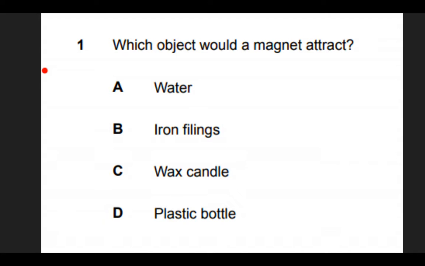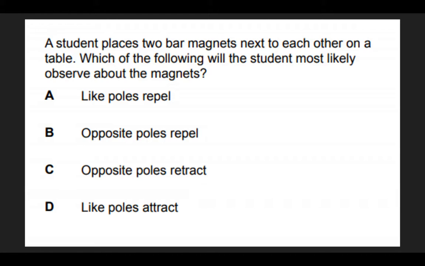Okay. Number 2, a student places 2 bar magnets next to each other on a table. Which of the following will the student most likely observe about these magnets? A, like poles repel. B, opposite poles repel. C, opposite poles retract. D, like poles attract.